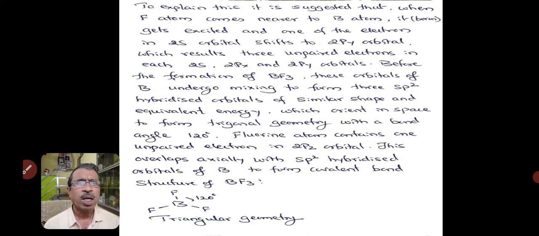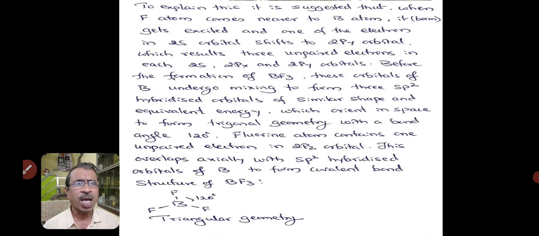orbitals. Before the formation of boron trifluoride, these orbitals of boron undergo mixing to form 3 sp2 hybridized orbitals of similar shape and equivalent energy, which orient in space to form trigonal geometry with a bond angle 120 degrees. A fluorine atom contains 1 unpaired electron in the 2pz orbital.